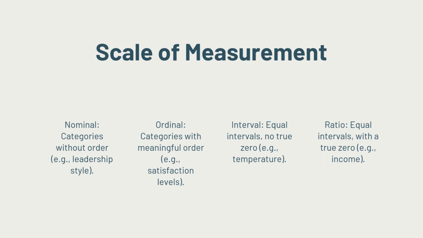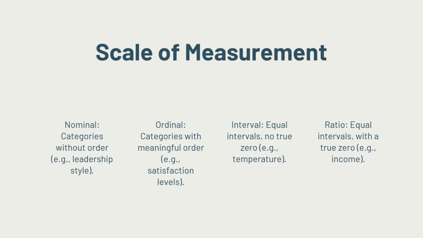This is the simplest scale where data is classified into categories that do not have any numerical value. For example, in your leadership study, the type of leadership style, whether transformational or transactional, can be considered a nominal variable. It's categorical and it has no order or ranking. Next is ordinal scale.